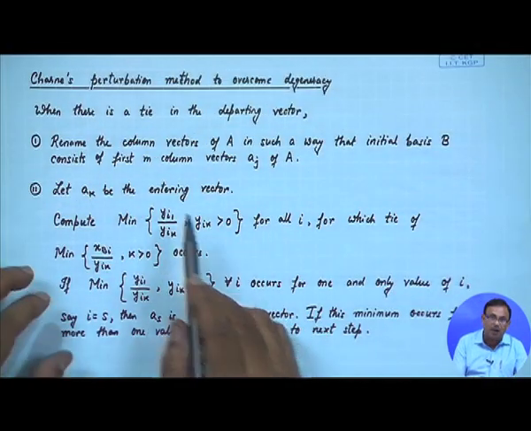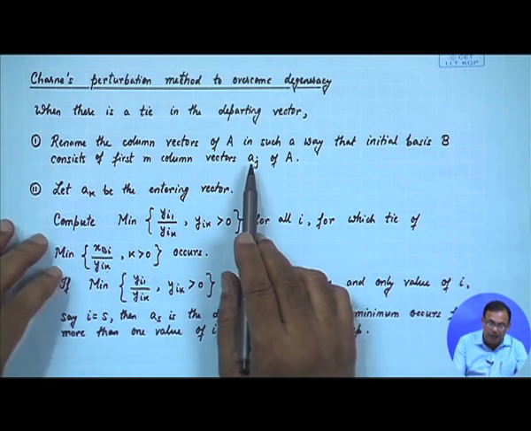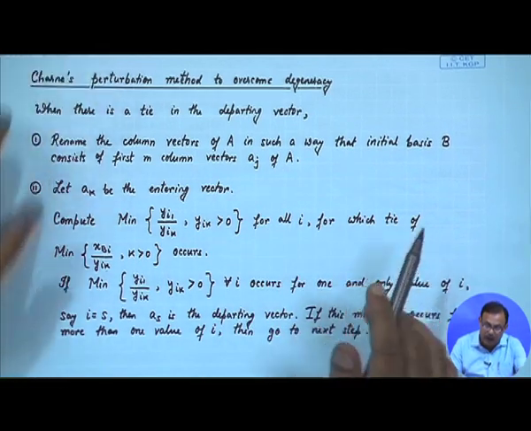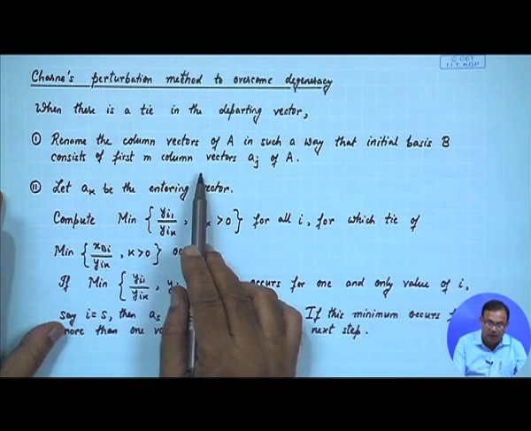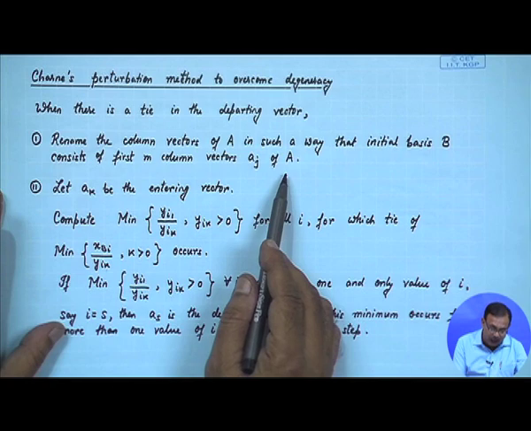That is, rename the column vectors of A so that the initial basis B consists of the first m columns of vectors Aj of A.